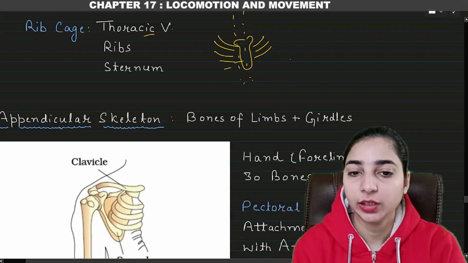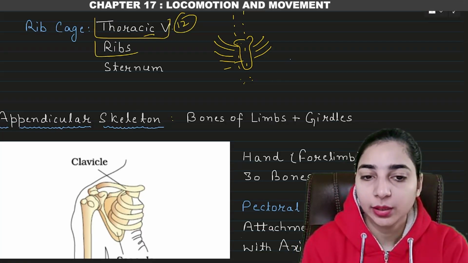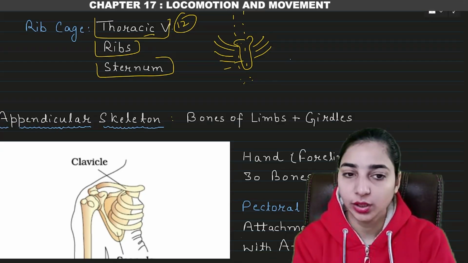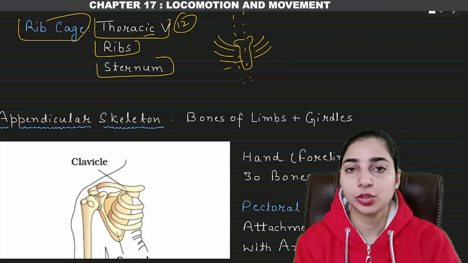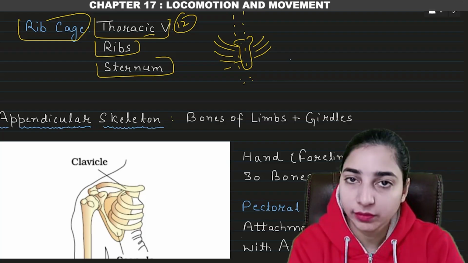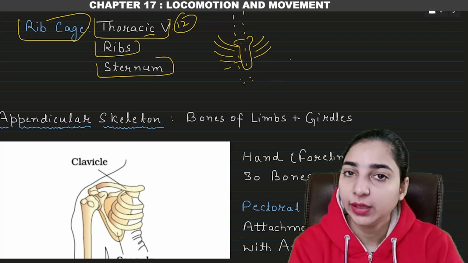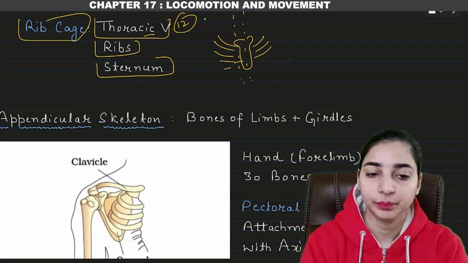It is thoracic vertebra, the 12th thoracic vertebra. So the thoracic vertebra, ribs and sternum together form a cage-like structure, and this is known as rib cage. Okay, so the rib cage consists of which vertebra? Thoracic vertebra, then ribs, and then sternum at the front. Okay, cervical vertebra and lumbar vertebra are not part of the rib cage.